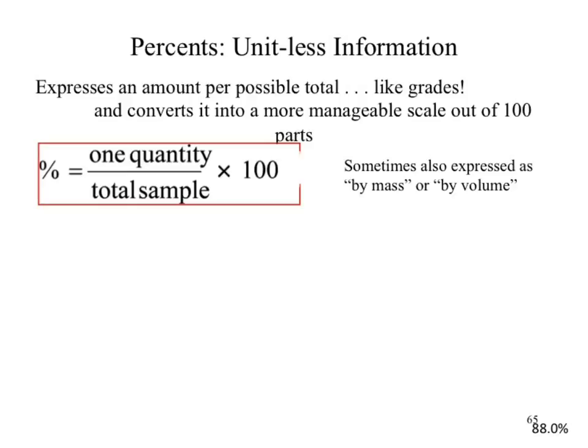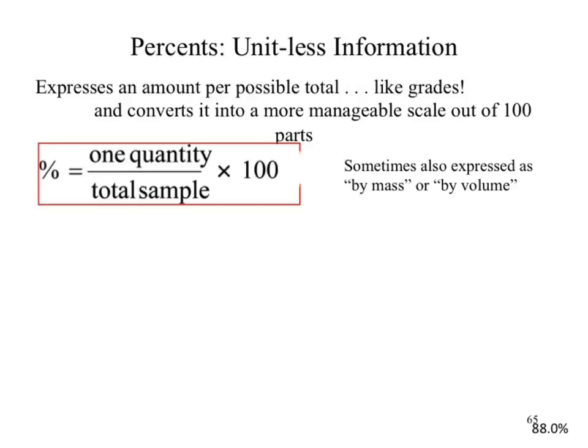I see you. Give me a sec. Depending on the question, you may see information that says percent by mass or percent by volume. What does that mean? The unit being used is either grams over the grams of the sample or milliliters over the milliliters of the sample, total sample. Is percent considered a unit?